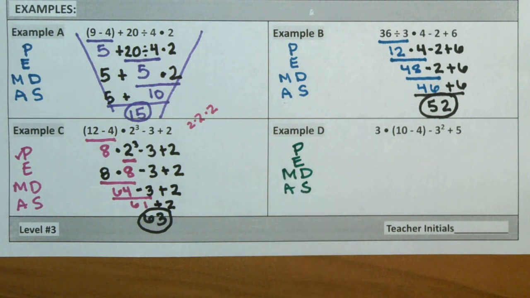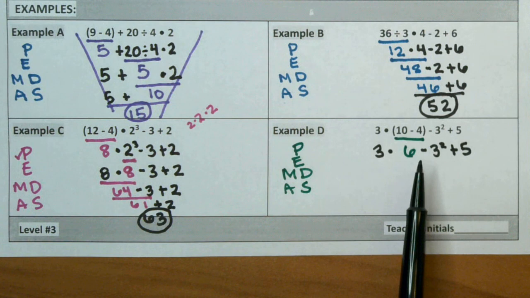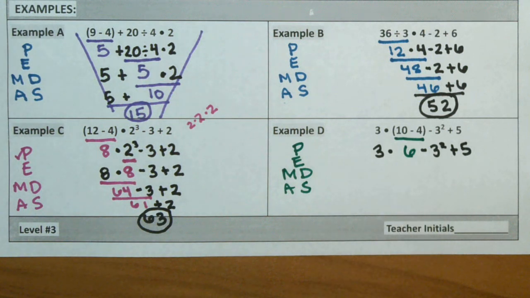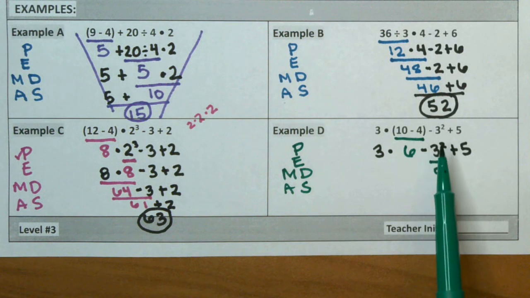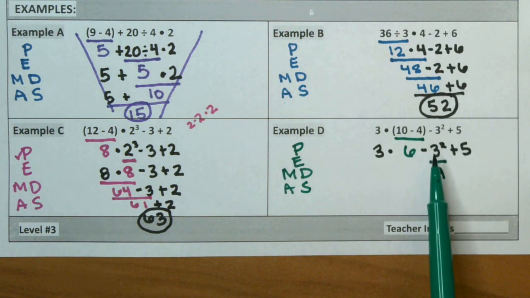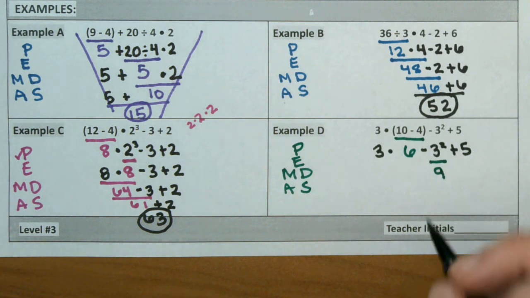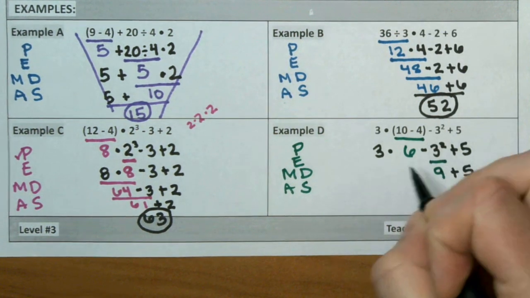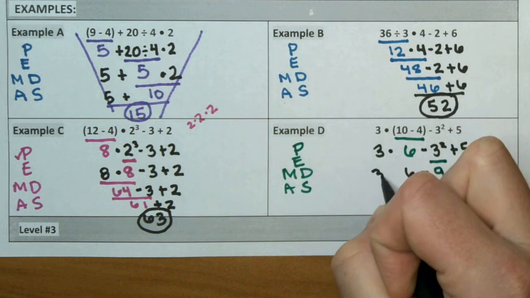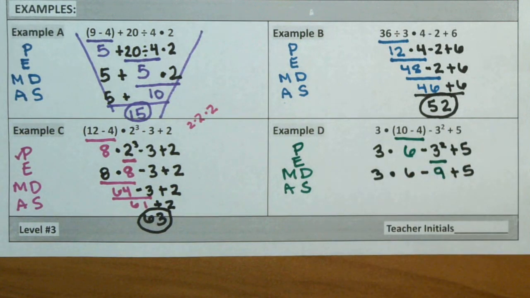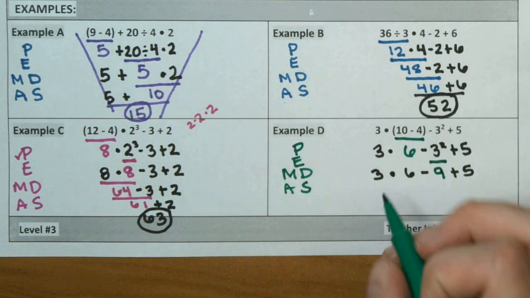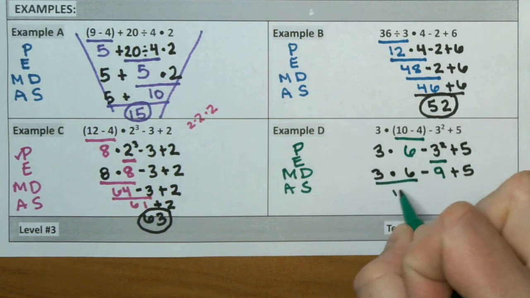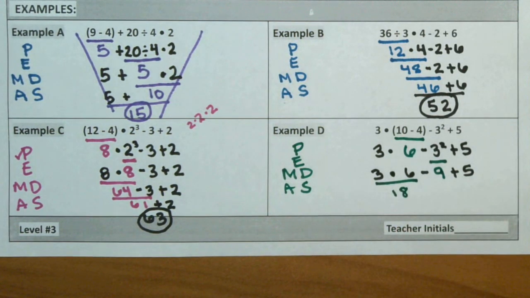For problem D, you should have PEMDAS. Here's what you should have in your first line. Then you should have underlined 3 squared. That does not mean 3 times 2. It means 3 times 3, which is 9. Now we have 3 times 6 minus 9 plus 5. 3 times 6 is 18.